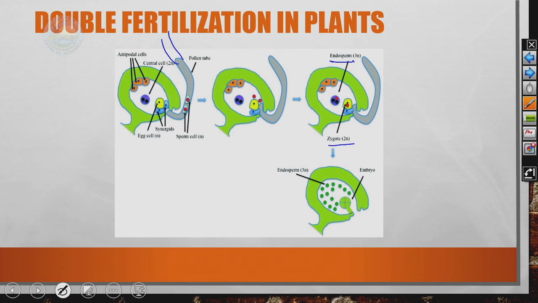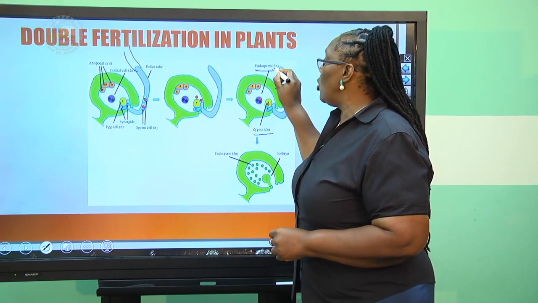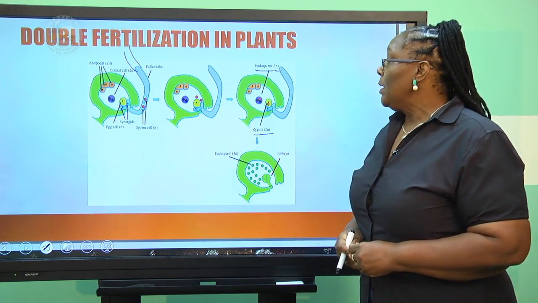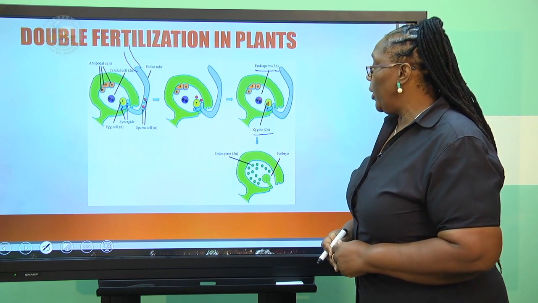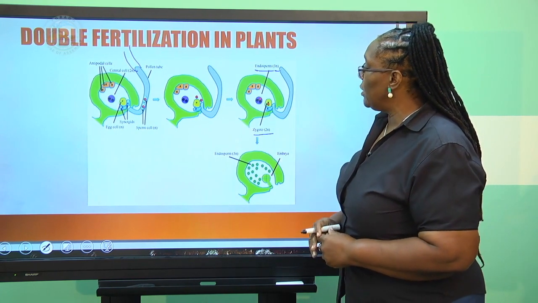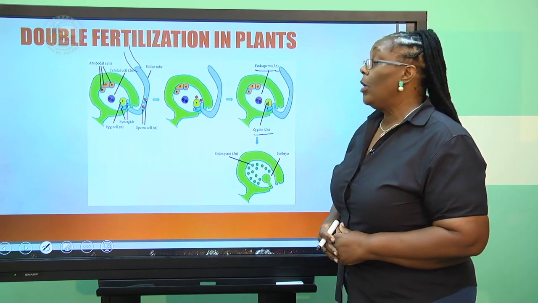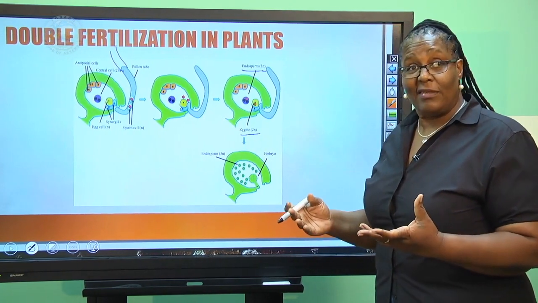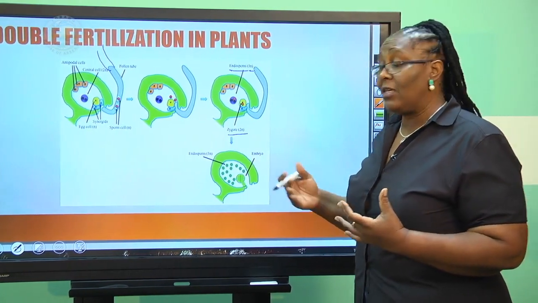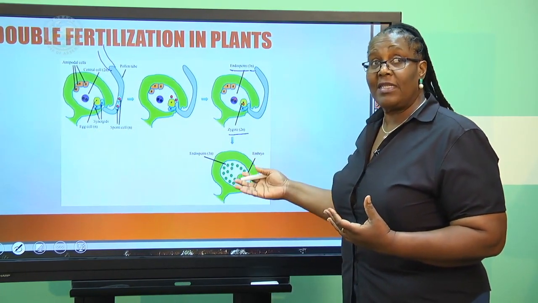Since the polar nuclei was diploid and you had 1 cell joining which was haploid, this endosperm is now 3N, it is triploid. Good? So the endosperm is triploid and the zygote is diploid, and you have this structure. This eventually will develop into what we call the seed. So this entire structure will now be known as the seed. Initially it would have started off as the ovule, and eventually it becomes the seed.